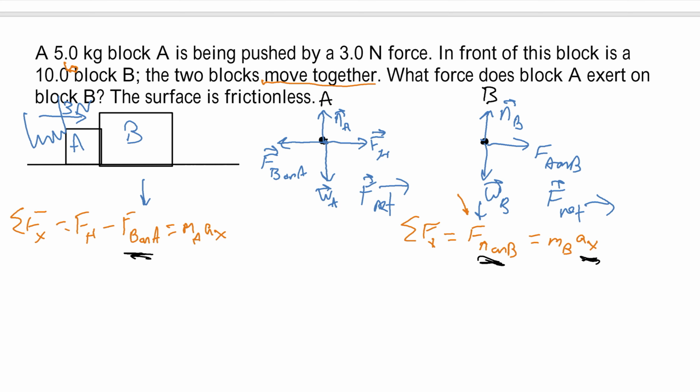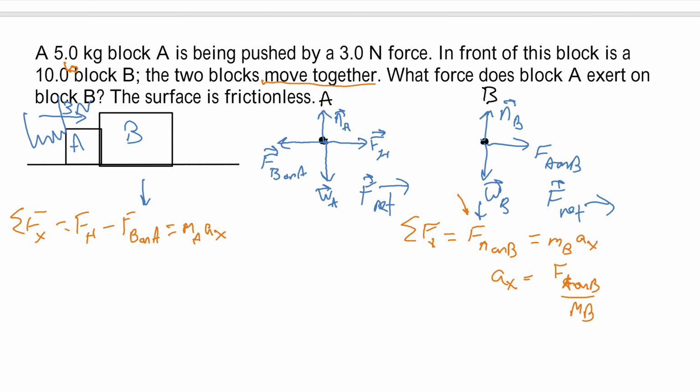So I'm going to solve one of these equations for acceleration so that I can substitute it into the other equation. The easiest one to solve for acceleration is the one on the right. So I'm going to divide both sides by the mass of B, which gives me acceleration in the x direction equals FA on B over mass of B.